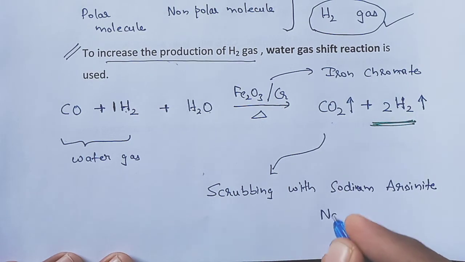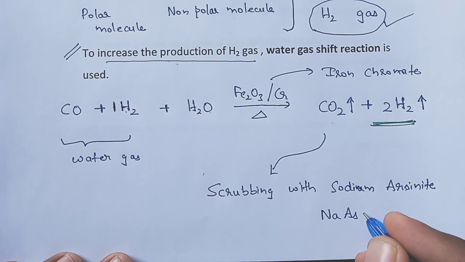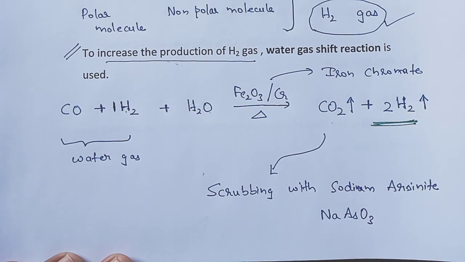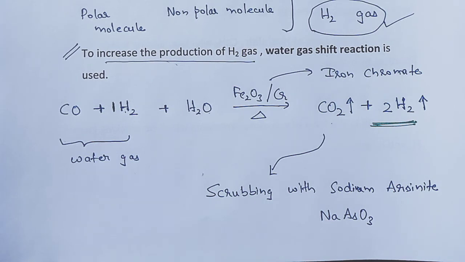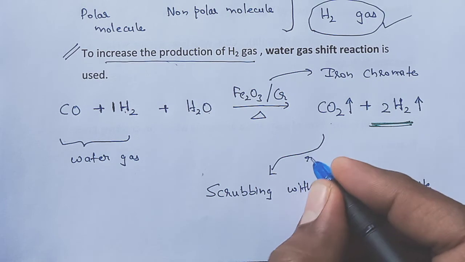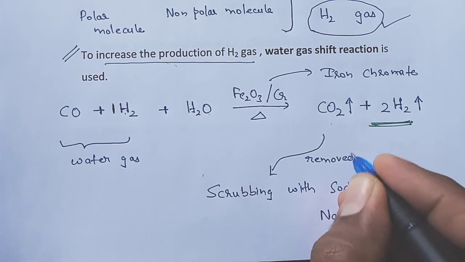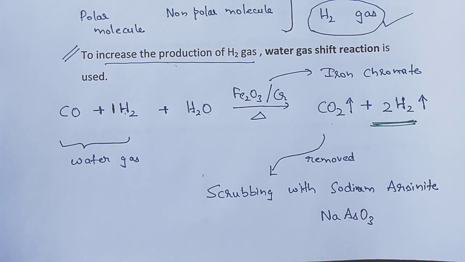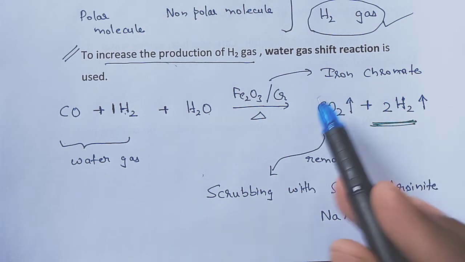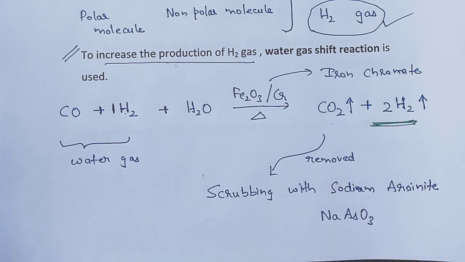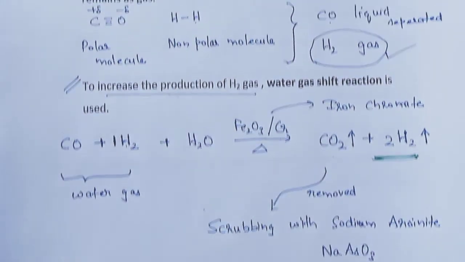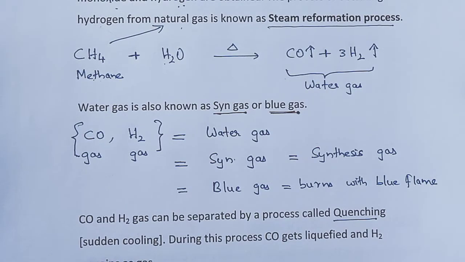Sodium arsenite is NaAsO3. By scrubbing with sodium arsenite, carbon dioxide gas is removed. CO2 gas is removed, then we will have only hydrogen gas. So with this we have completed the second method under the heading industrial methods.